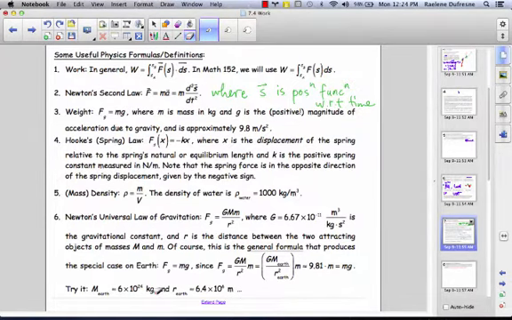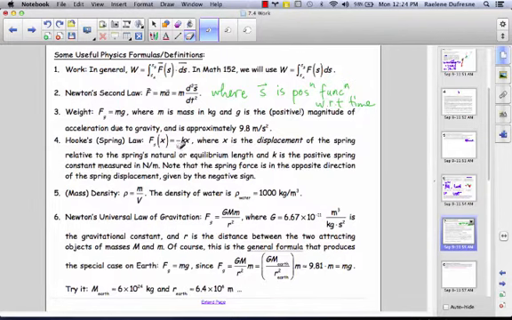In number 4, let's talk about Hooke's law. Hooke's law is a law for springs, and specifically Hooke's law is a linear function which is dependent on the length of the spring, or the displacement rather of the spring. If you displace a spring, then if you were to let it go, the force in the spring would cause the spring to accelerate in the opposite direction of the displacement.